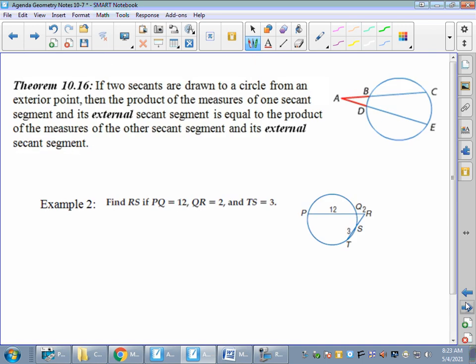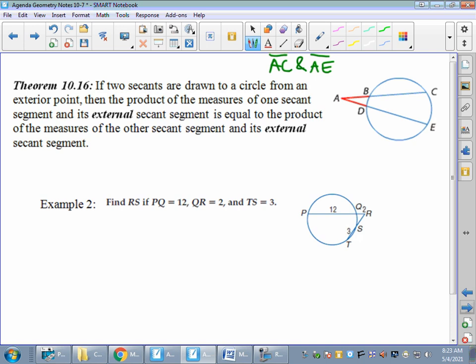When we look at this next one, we've got two secants that are drawn to a circle from an exterior point. So my two secants, AC and AE, those are secants and they intersect at point A, and point A is outside the circle.